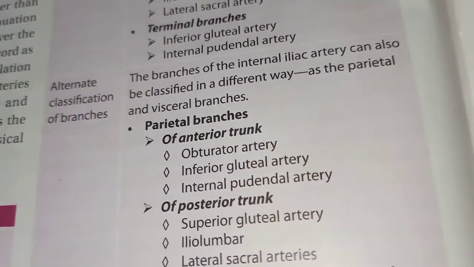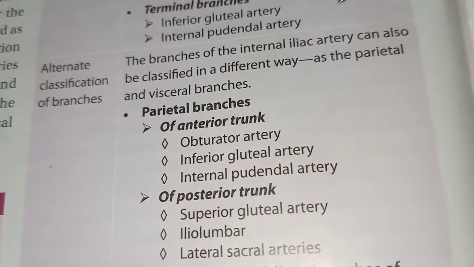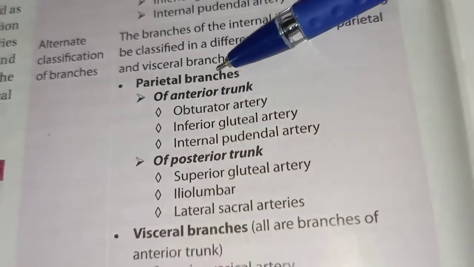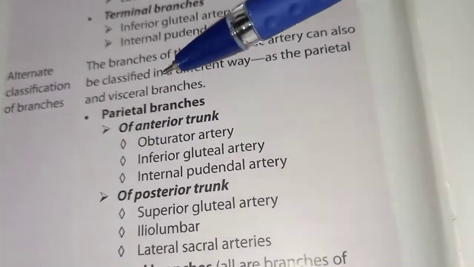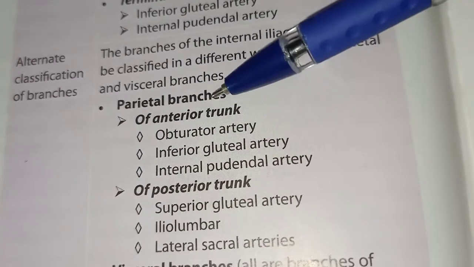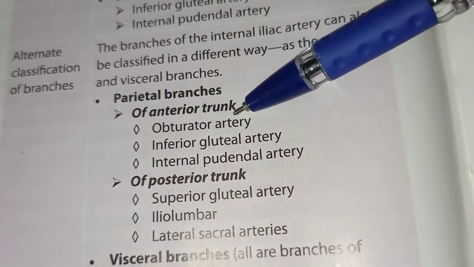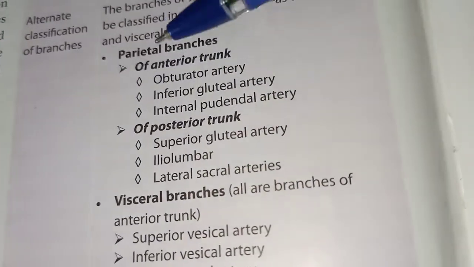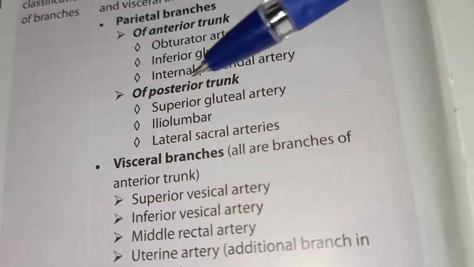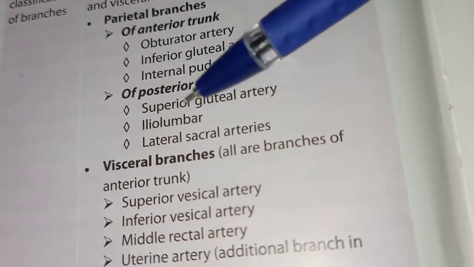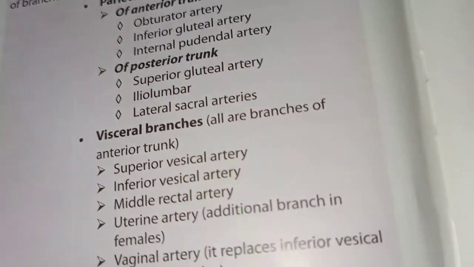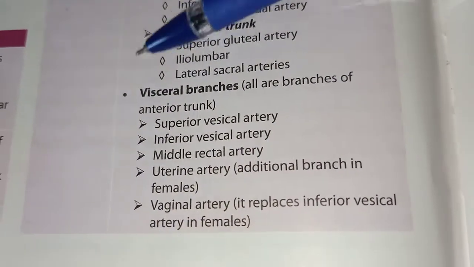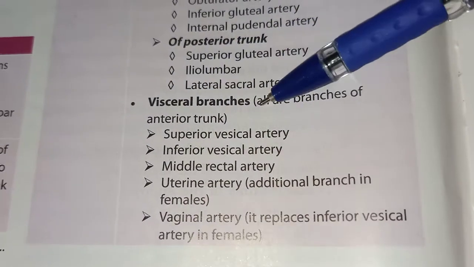The next alternate classification: the internal iliac artery branches can also be classified in a different way as parietal branches and visceral branches. So parietal branches, which are arising from the anterior trunk, are the obturator artery, inferior gluteal artery and internal pudendal artery. The parietal branches of the posterior trunk are the superior gluteal artery, iliolumbar and the lateral sacral arteries. The visceral branches are all from the anterior trunk, supplying the viscera.